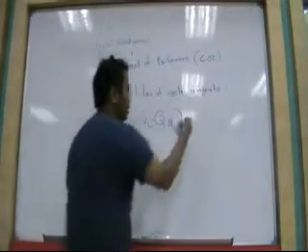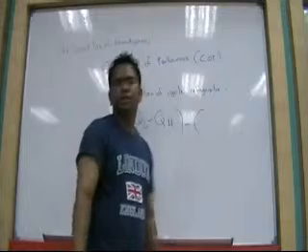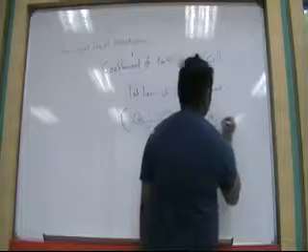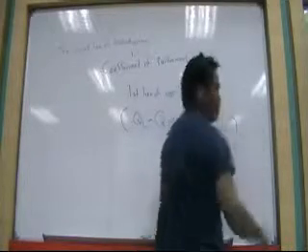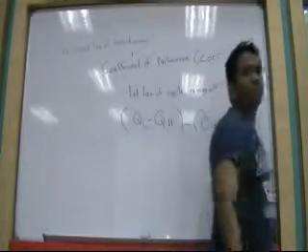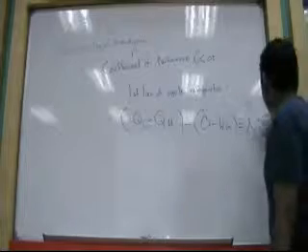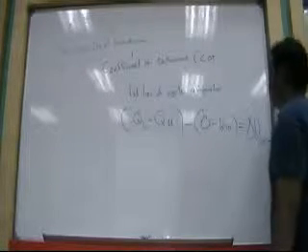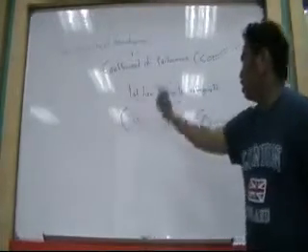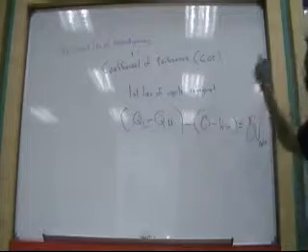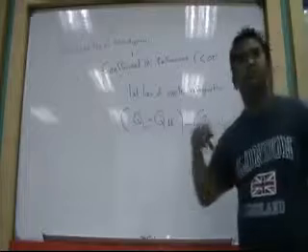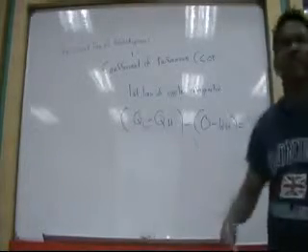Minus, in the bracket, 0 minus work coming in, equals the total change in U of the cycle.